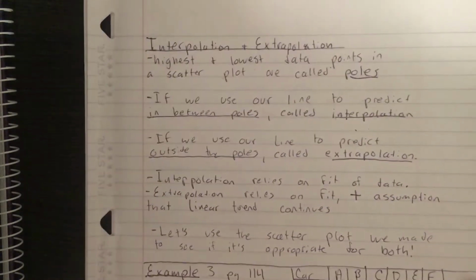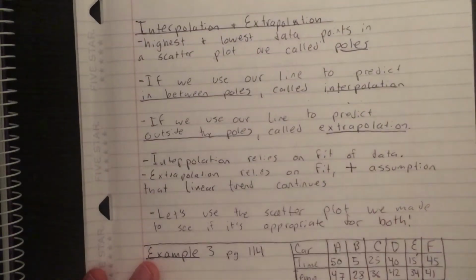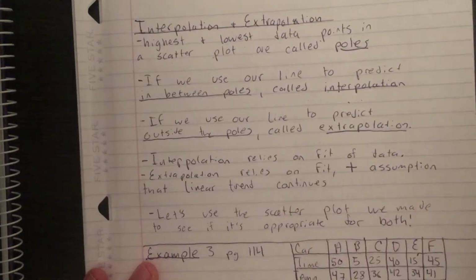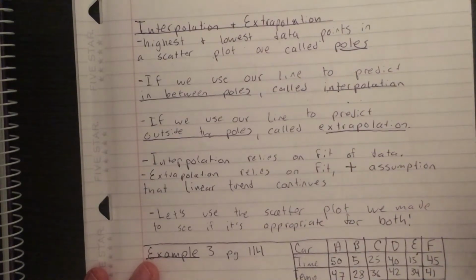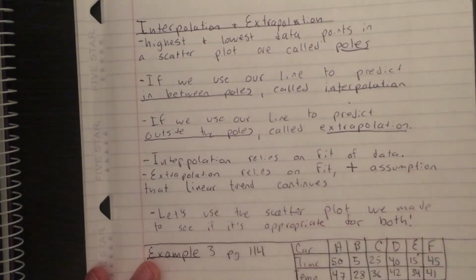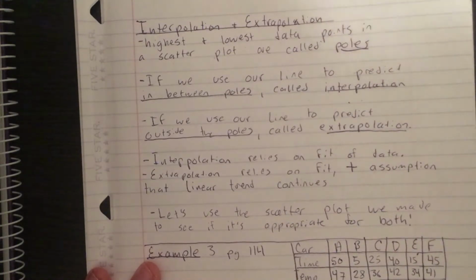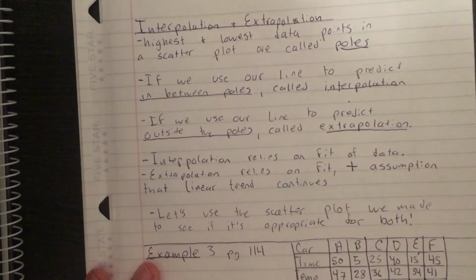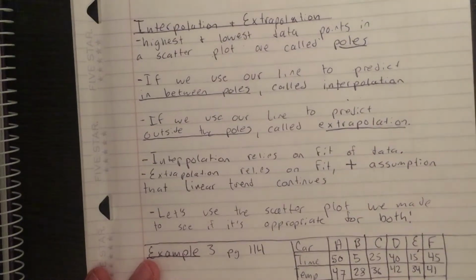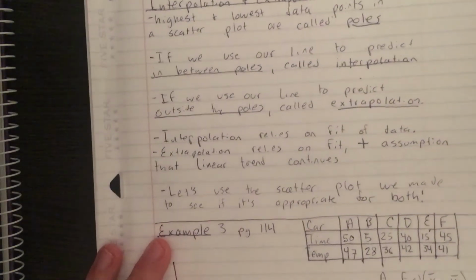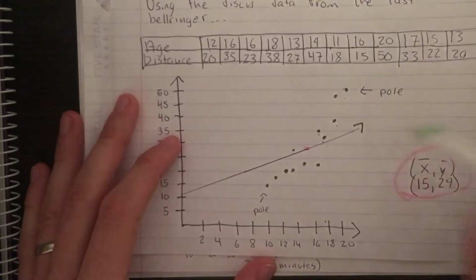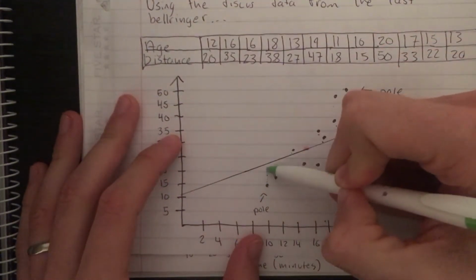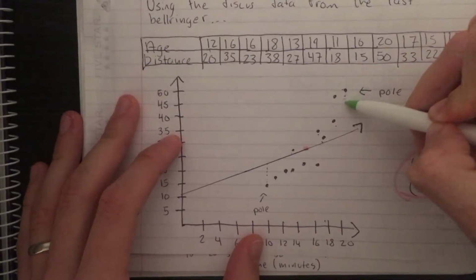So interpolation relies on the fit of the data, but extrapolation is a little bit more unreliable, because extrapolation relies on the fit of the data and it assumes that the linear trend continues. If we were going to talk about that using this previous discus example, the poles occur right here.